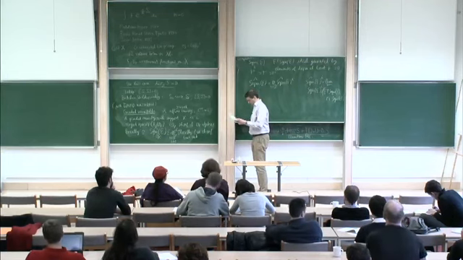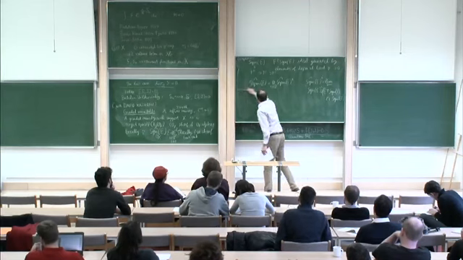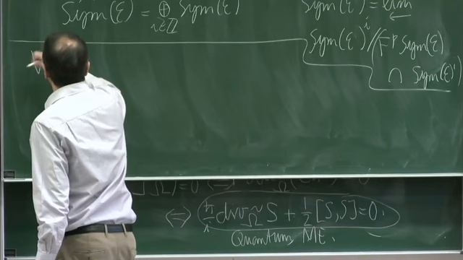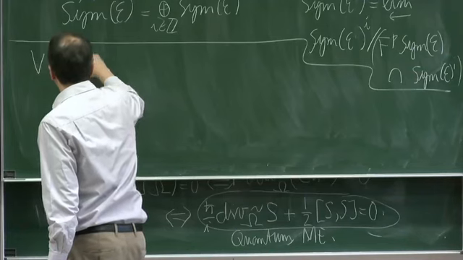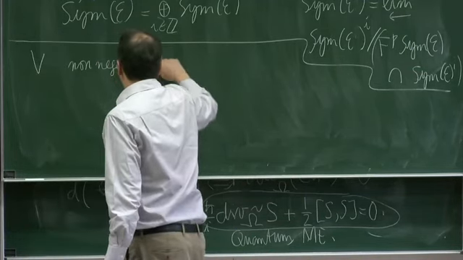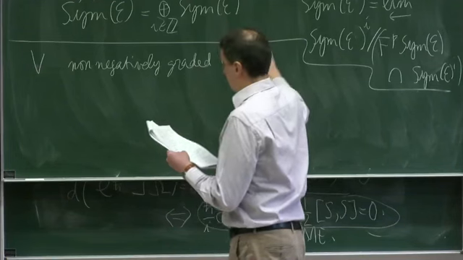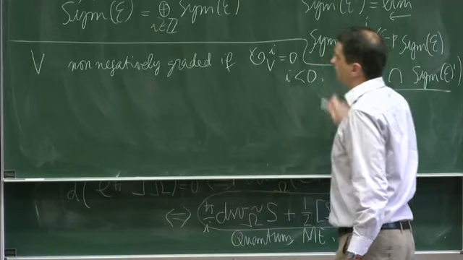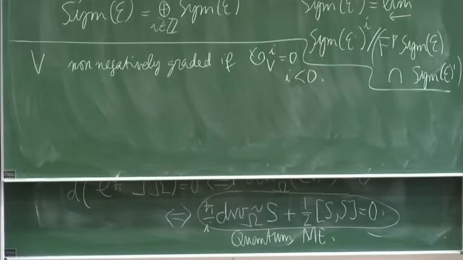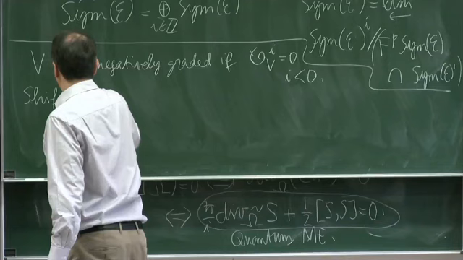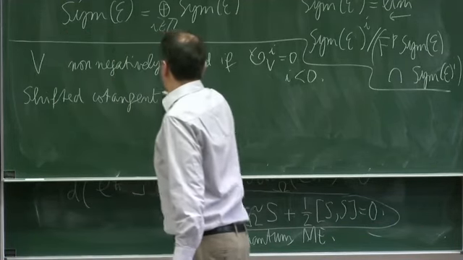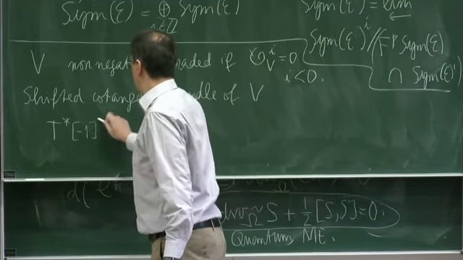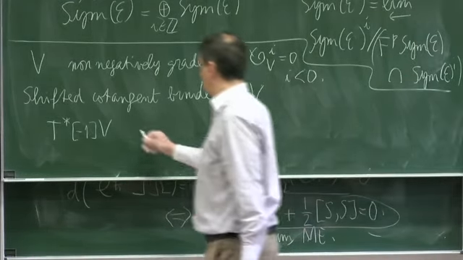So this is the general story, and now suppose such a variety is called non-negatively graded if the part of degree i is 0 for i smaller than 0, and in this case you can construct the cotangent bundle, the shifted cotangent bundle, which is called T^*[-1] of V. You can shift also in some other directions, but here we shift by minus 1.